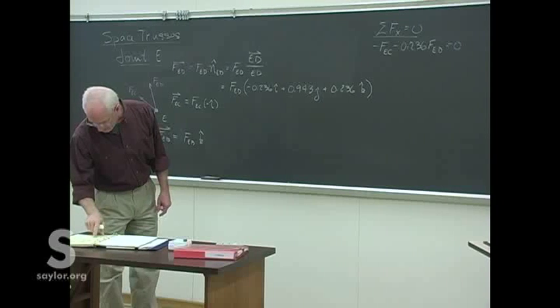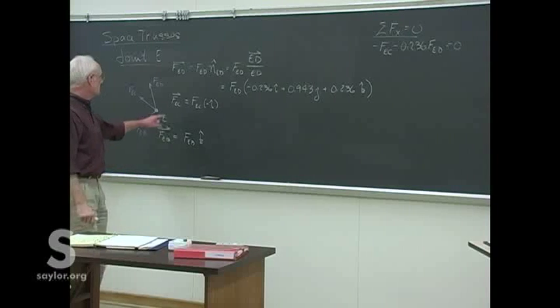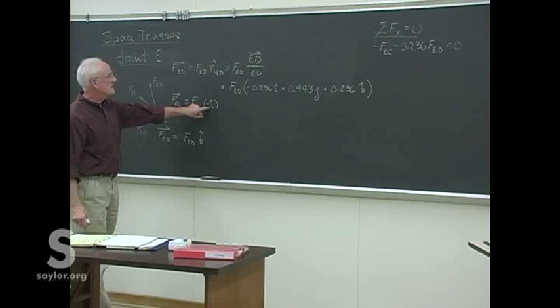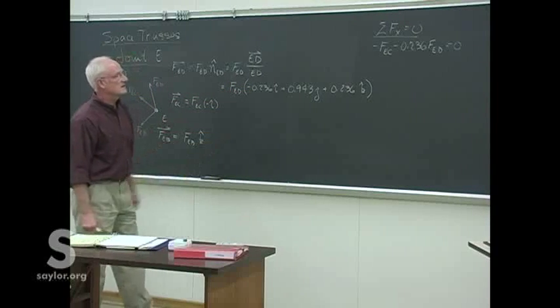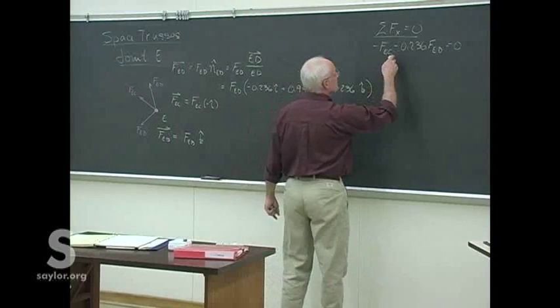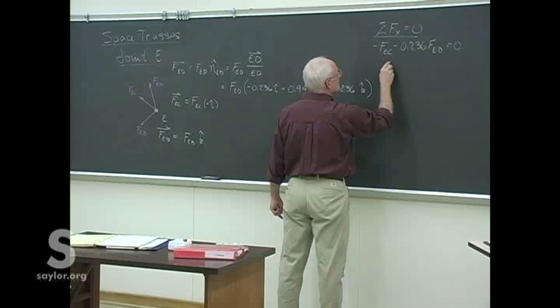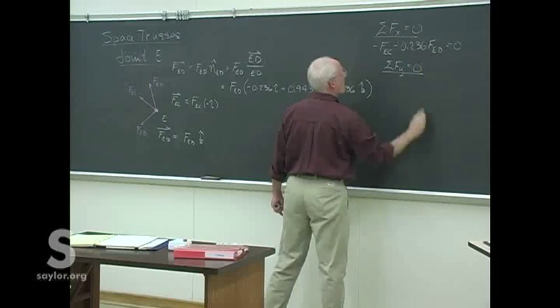Is that right? I think so. FEC is in the minus i. FED is that much in the minus i as well. Okay. And then, not enough to solve it. We've got two unknowns, so we've got to do it in the y direction.